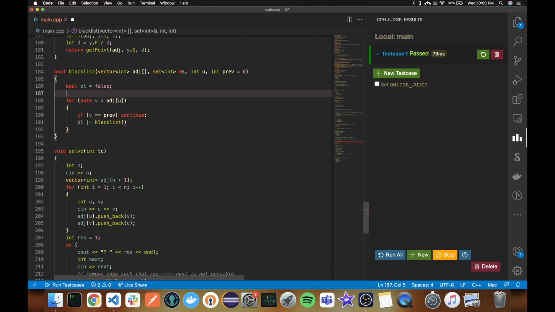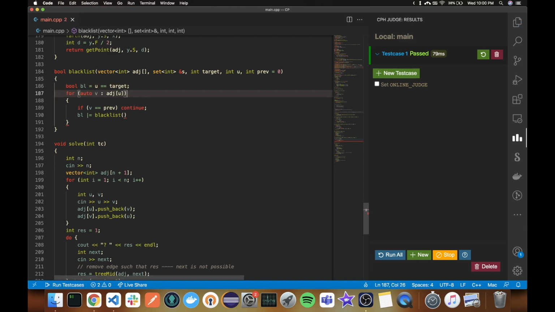Okay. And what do I have to find? This is target. So if it is, then we are gonna blacklist. V goes to previous, blacklist. Adjacency.